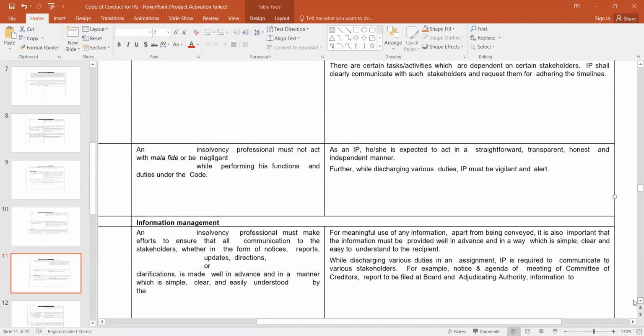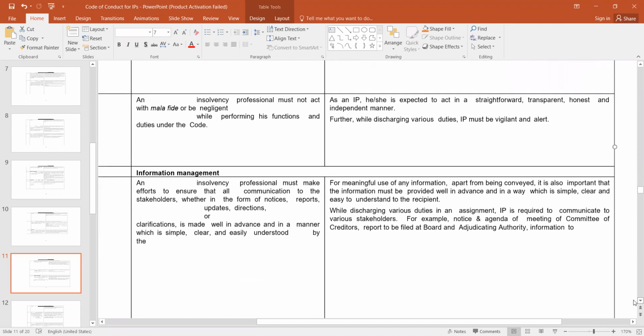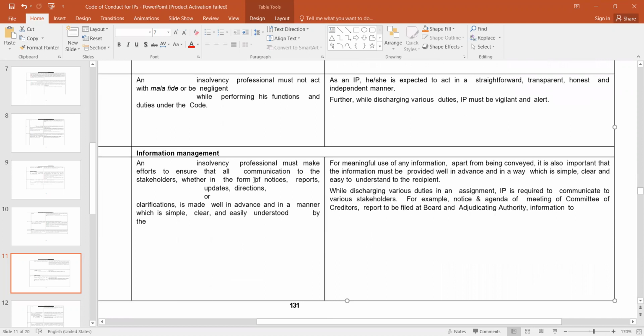Now comes information management, because you are the communicator. Whenever you enter into any communication, whether in the form of notices, reports, updates, directions, or clarifications, you have to make them well in advance and in a manner which is simple, clear, and easily understood by the parties involved, by the stakeholders.